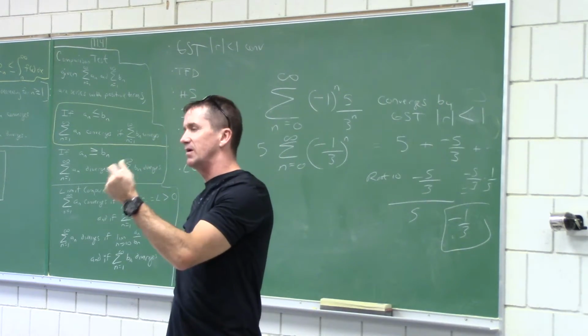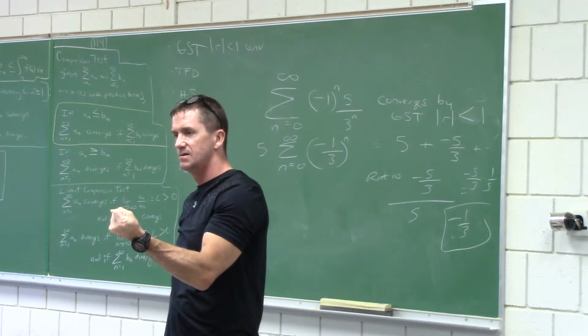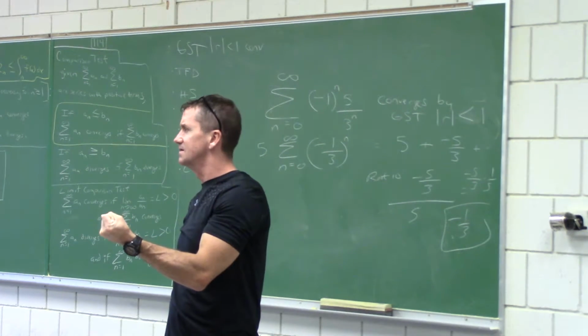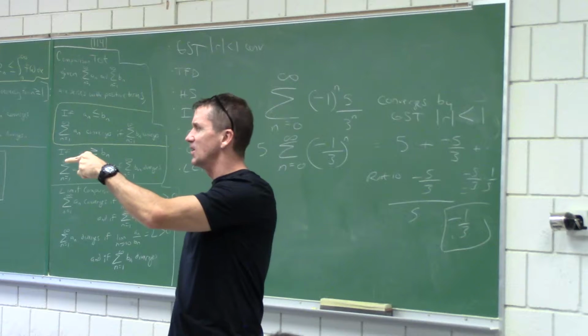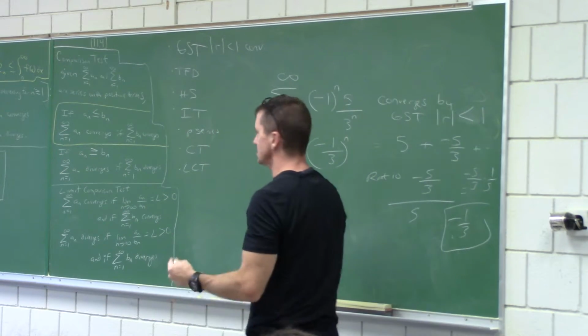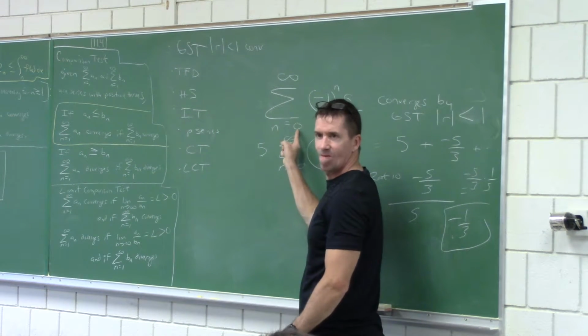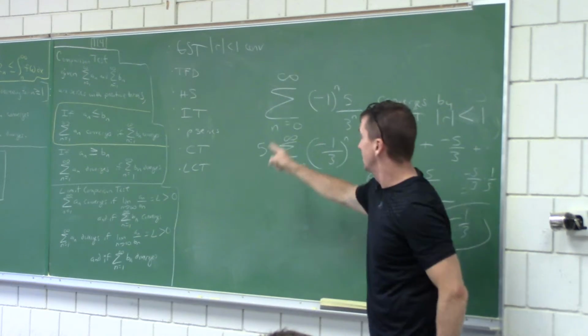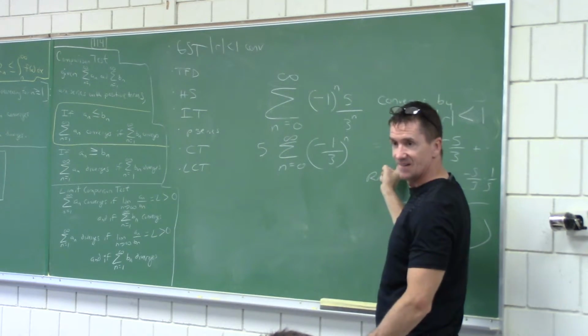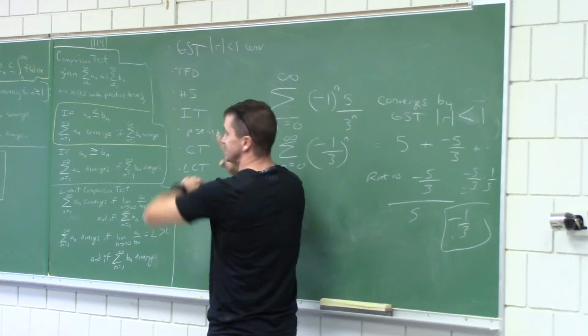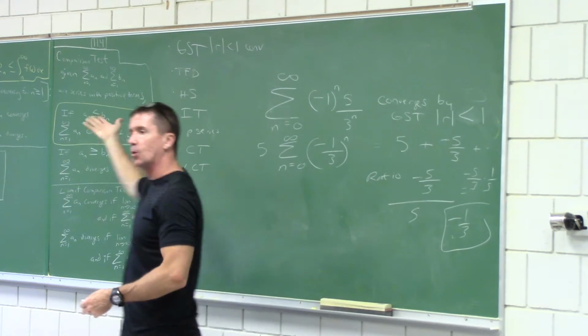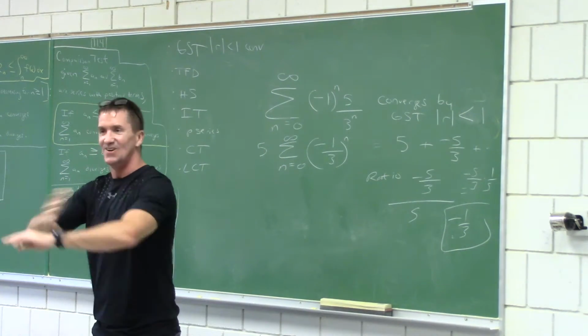By the way, do you remember the geometric series test? This is the only one where we can find an actual number it converges to. Who knows the formula? First term over 1 minus the ratio. What was the first term? Is it a 0? No, the first term was when you plugged the 0 in there, which gave it a 5. It's not like we need Euler to do this for us, right? We all could do this.